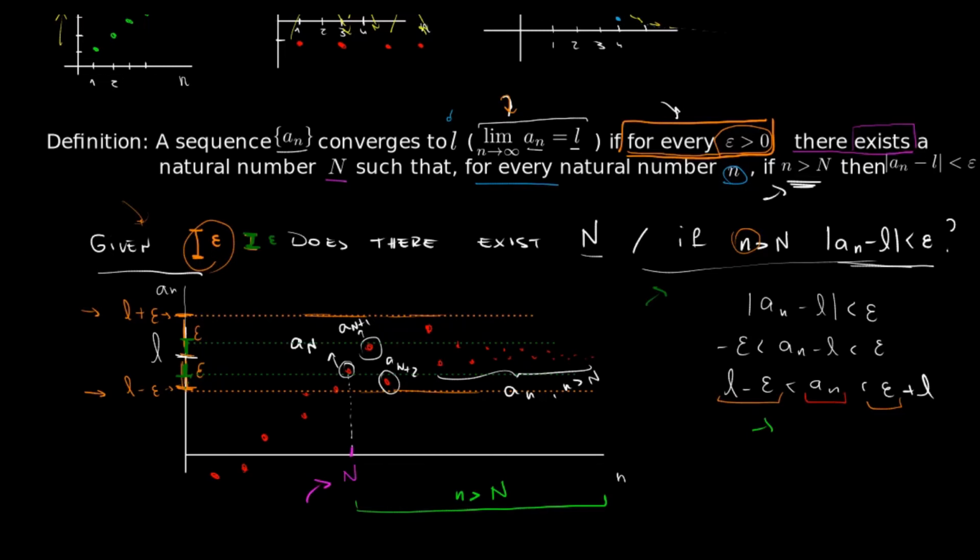Yes, I can, because if I take this n, then all these other elements are between the two green lines. And so in this case, when we've tested for every epsilon, then we can say that the limit of this sequence a sub n is L. This might still sound a bit complicated, so what we're going to do is, as usual, work with an example.